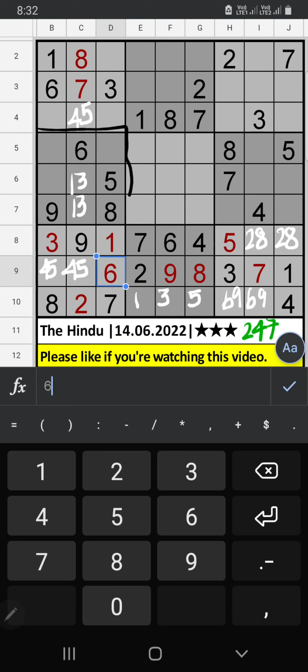4th grid, 3 numbers are remaining: 2, 4, 7. Column D and 6th row, we have 7. 7 can't come in these cells. Then 7 is confirmed here. Then only two numbers are remaining, 2 and 4. It will come in one of the two cells. We will confirm later.